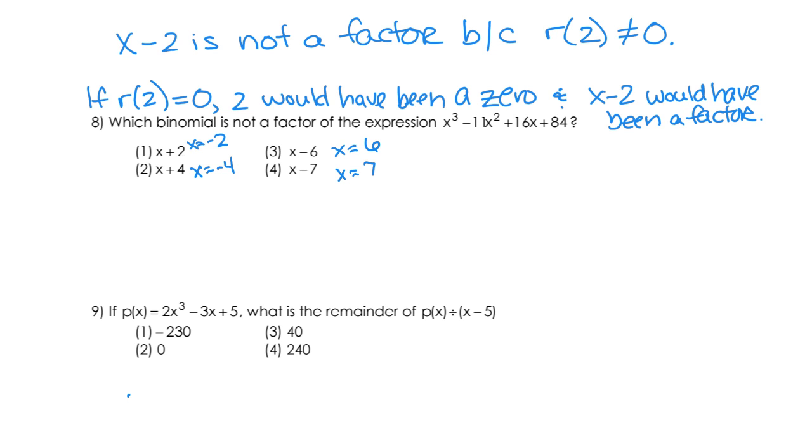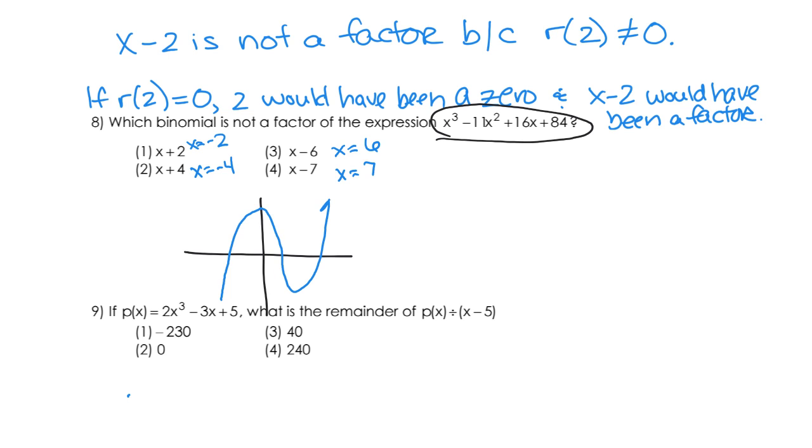Or, since this is multiple choice, if I grab my calculator and type this equation into my y equals and graph it, I get something that looks like this. And I can look on my screen and see that this crosses at -2, this crosses at 6, and this crosses at 7.